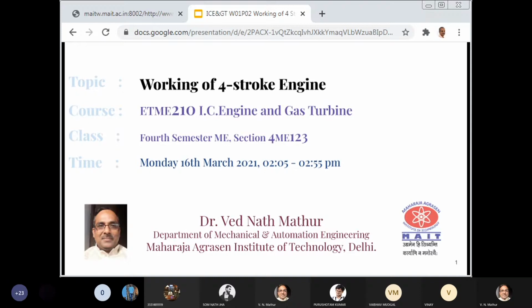I told you about the constructional feature, about the piston cylinder arrangement yesterday. So today we'll see how does a four-stroke engine work, and our focus is on spark ignition engine today, and then we'll see what difference it makes if it is not a spark ignited engine and if it's compression ignited engine.